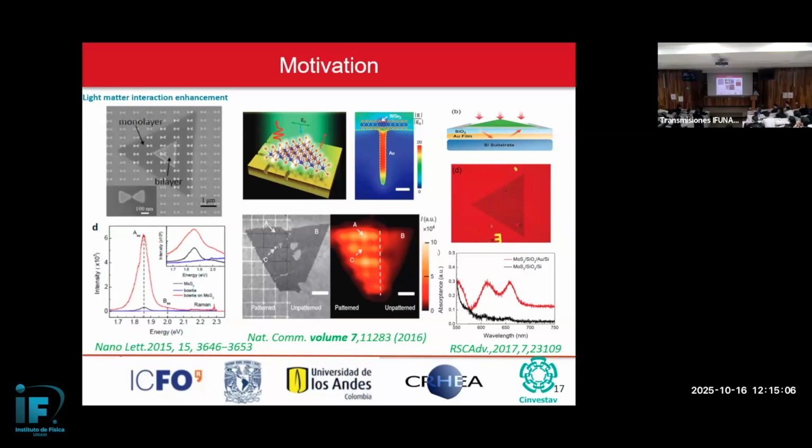People have put bow tie antennas on top of these layers, so you could imagine confining the electric field inside these bow tie antennas. You can also put some holes to confine the electric field near the transition metal dichalcogenide, or you can put a mirror, right? So you have a lot of light bouncing, reflecting and interacting with the 2D semiconductor.